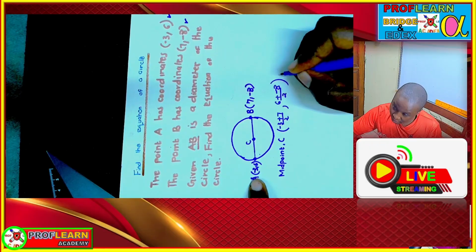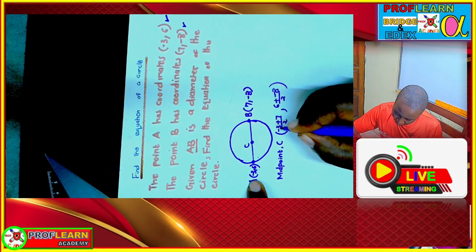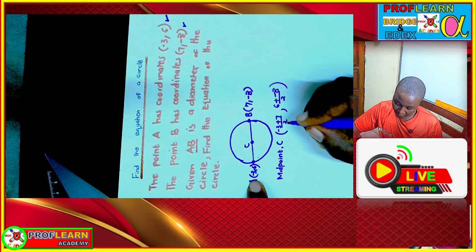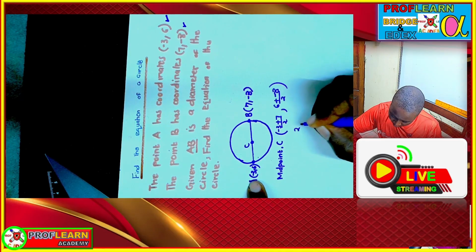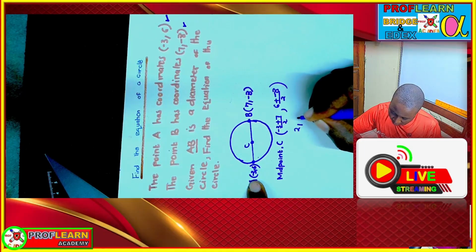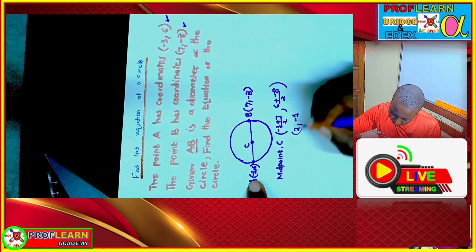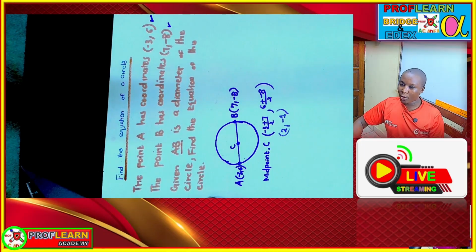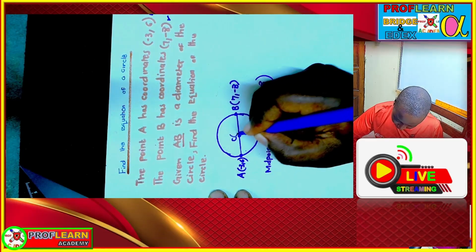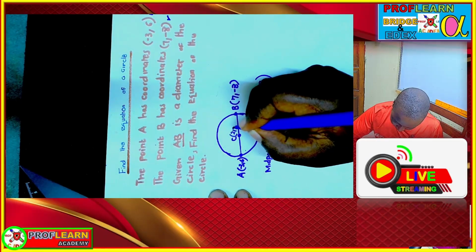This translates to negative 3 plus 7, which gives us 4, divided by 2, which gives us 2, and then negative 2 divided by 2, that will be negative 1. So this becomes the coordinate of the center of this particular circle. The coordinate of C is 2, negative 1.